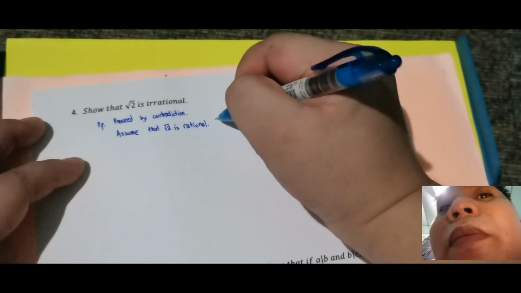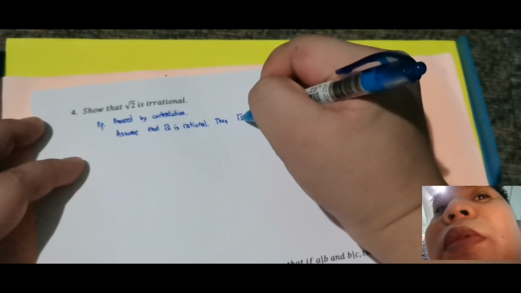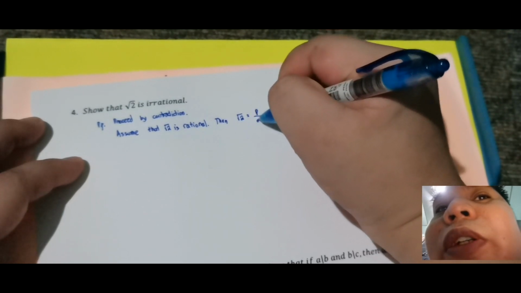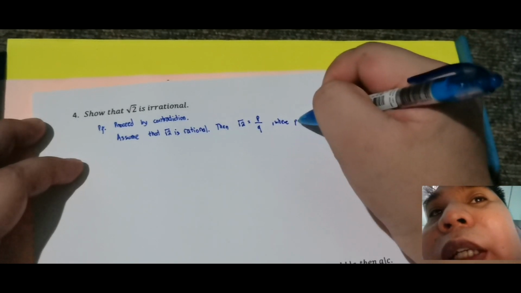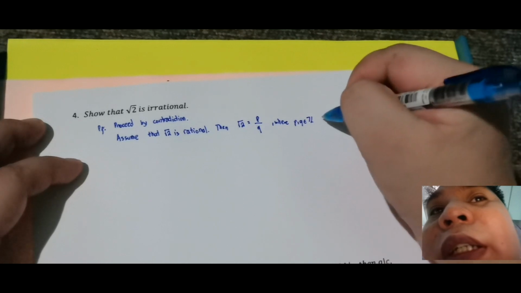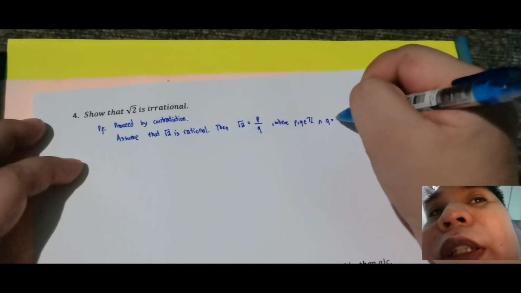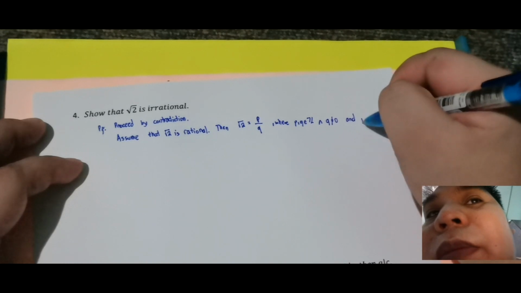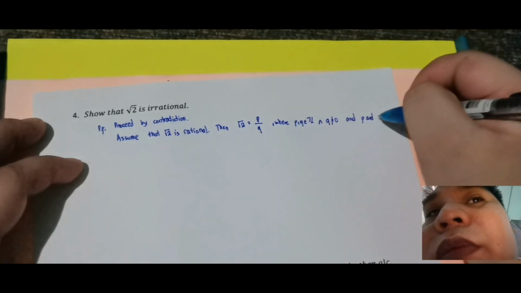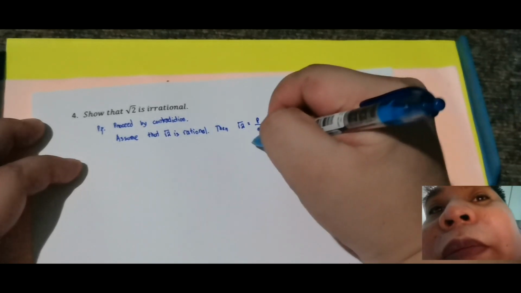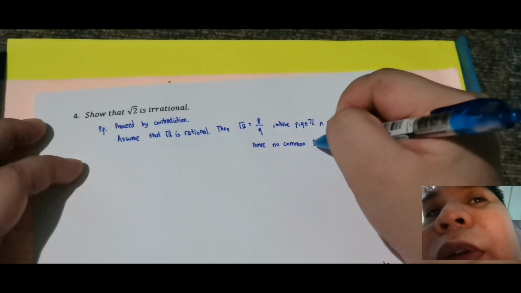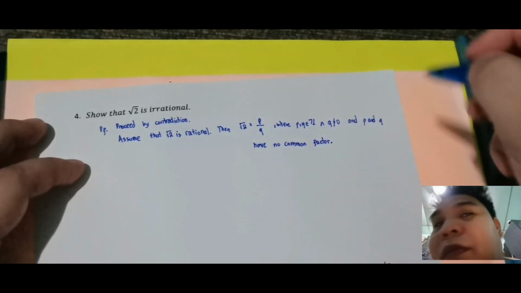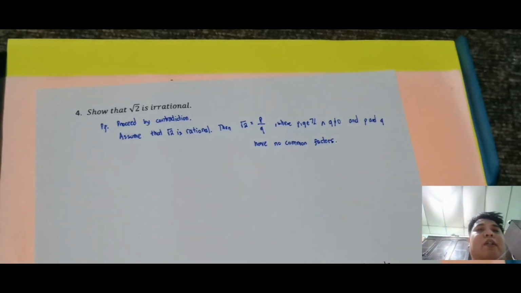Then the square root of 2 is equal to P over Q, where P and Q are elements of the integers, and Q is not equal to 0, and P and Q have no common factors.